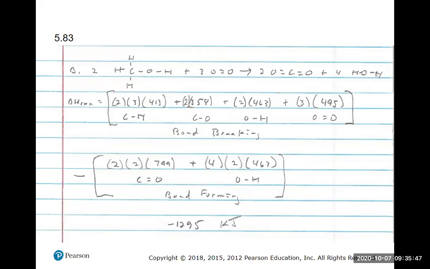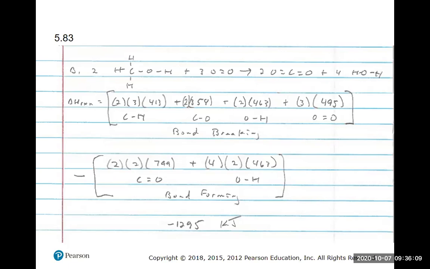I'm still on that first compound because I've got other bonds. The next one I'm looking at is a CO bond. See the C attached to the O. Once again, I have a 2 in front because there's 2 of these molecules, 2 moles. That 358 number is the number I would have gotten out of the table for the CO bond.